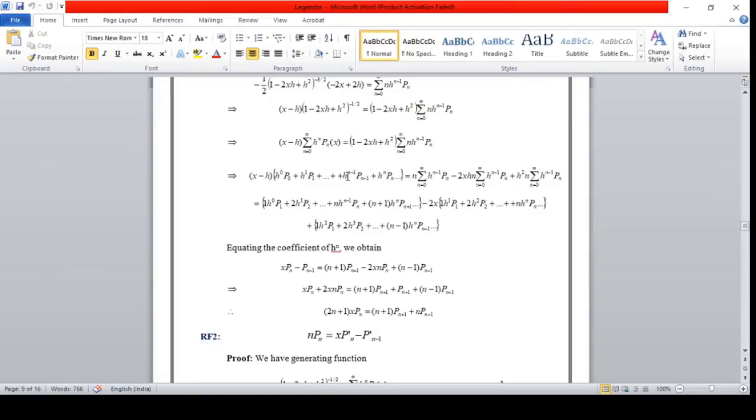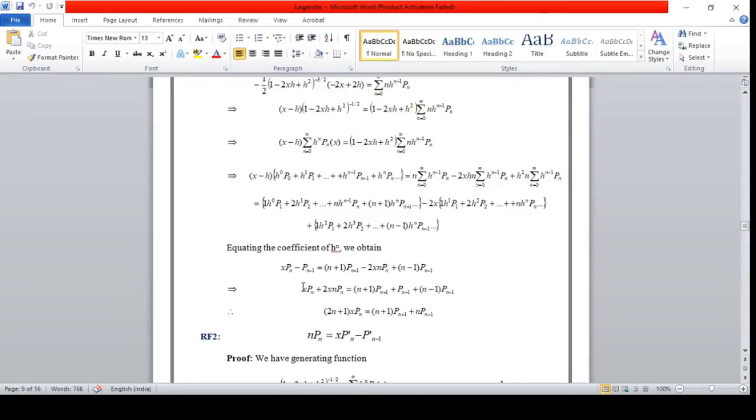Here only h^n and P(n-1). In the first bracket, h^n has coefficient (n+1) P(n+1). In the second bracket, h^n has coefficient -2x n Pn(x). In the third, h^n has coefficient (n-1) P(n-1).